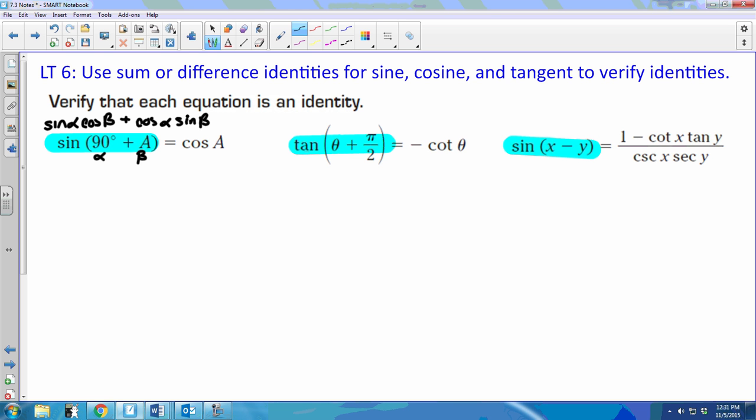So we have sine of 90 degrees times cosine of A plus cosine of 90 degrees times the sine of A. Any questions about where any of that came from? Or why I did that?